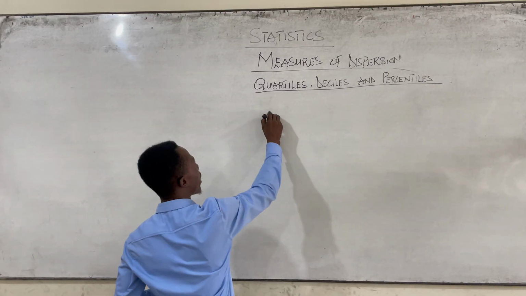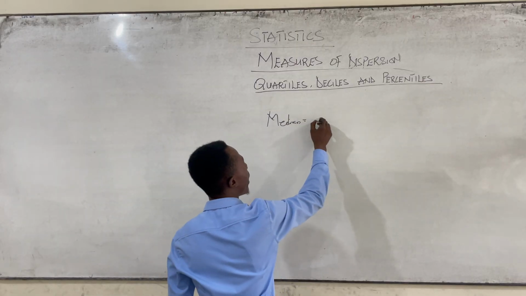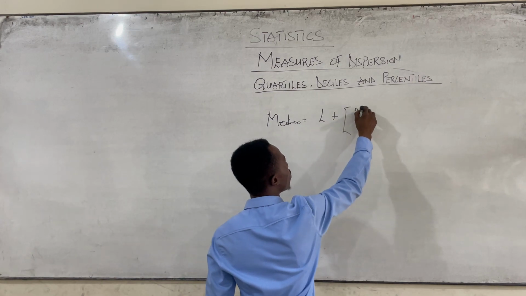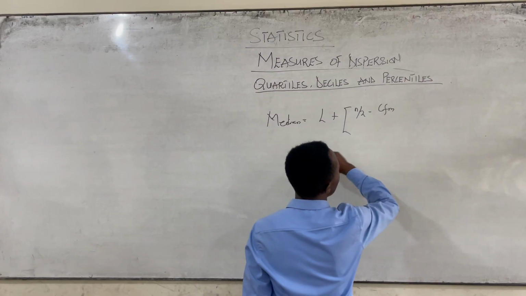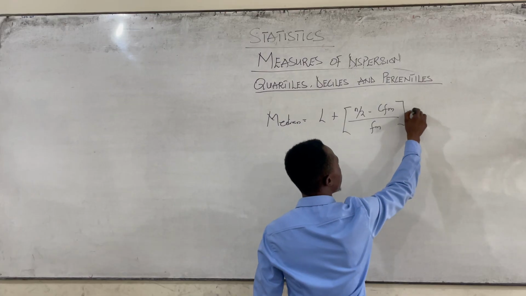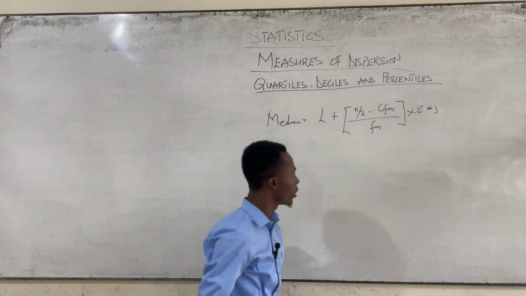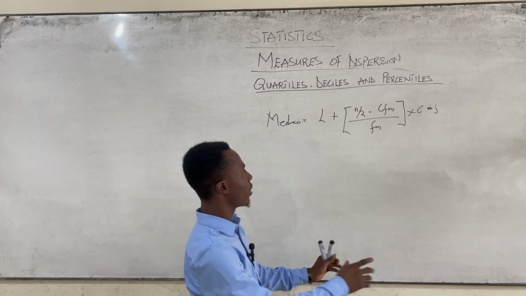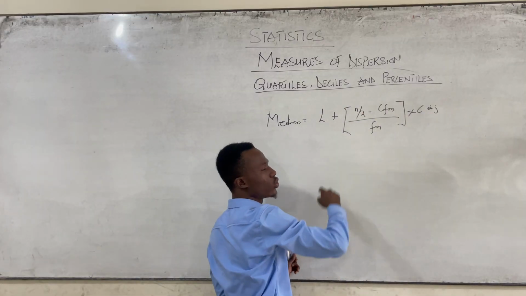So when we were talking about median, we realized we have L plus n over 2 minus the cumulative frequency of the class preceding the median class, over the frequency of the median class, multiplying the class size or the class width, right? This same formula is what we are going to use, but one thing that is going to change from this formula is the n over 2 here.